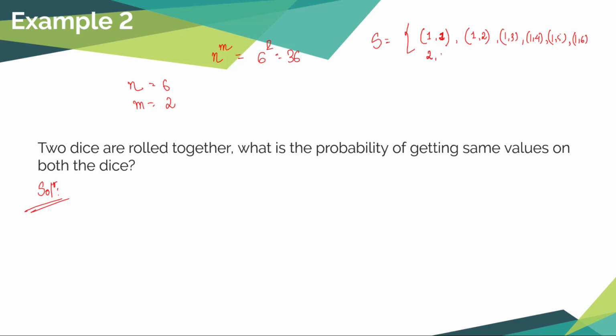Next we will write down (2,1), (2,2), (2,3), (2,4), (2,5) and (2,6). Now these are the 6 possibilities when the result on the first die is fixed as 2, right?